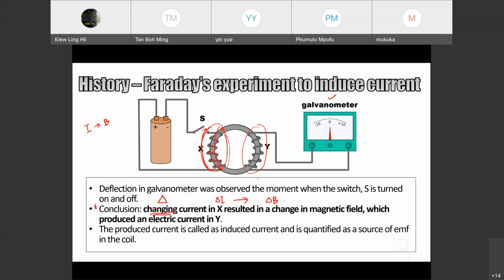And eventually, this is how the induced current is produced. So that's why this became the direction of research for the scientists. And in fact, this is also our one and only concept in this topic.